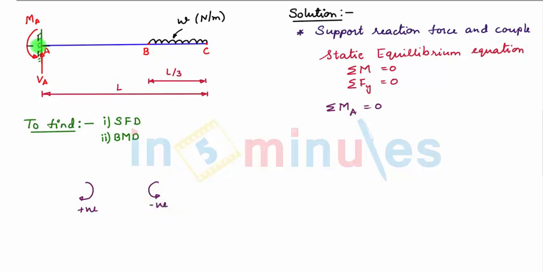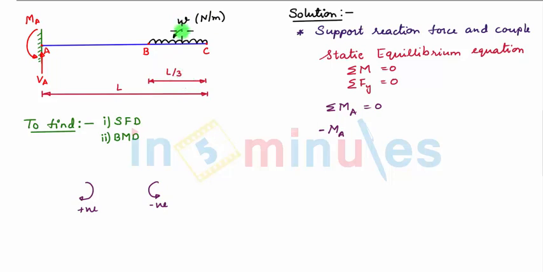So about point A, first we have an anti-clockwise support couple which is denoted by MA, and since it is anti-clockwise it is minus. Then about point A we have a clockwise moment caused due to this downward UDL of intensity W Newton per meter acting for a span of L by 3.